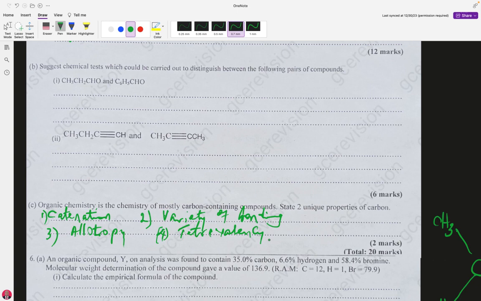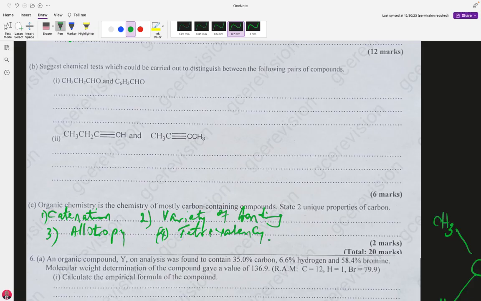So let's start with catenation. Carbon's ability to form long stable chains and rings by bonding with itself is what we call catenation, and that is what makes carbon unique.